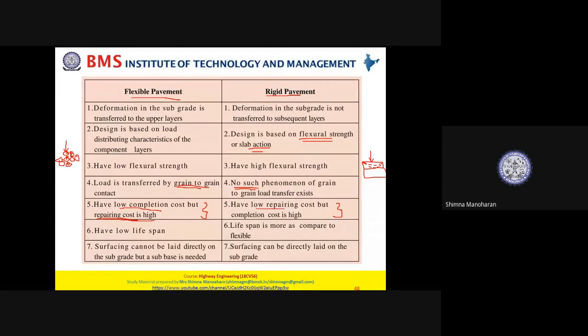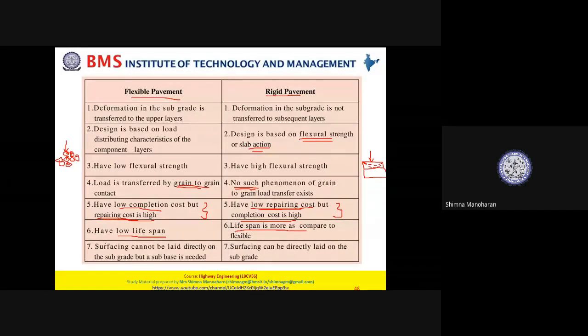Here the repairing cost is less, but completion cost is high. And for flexible pavement, the lifespan is low, whereas in rigid pavement, lifespan is more compared to flexible pavement. Again, in flexible pavement, the chances of night vision problems occur, whereas in rigid pavement, you don't have those kinds of problems.